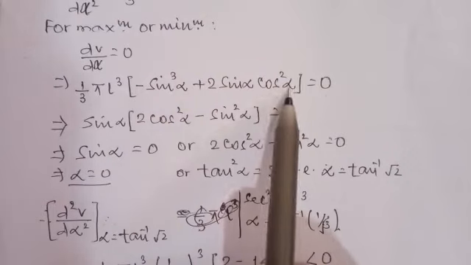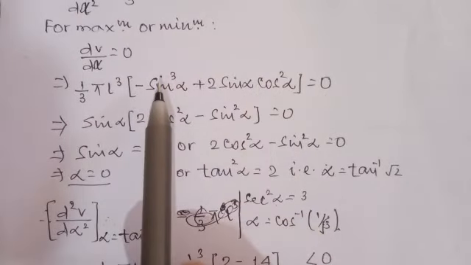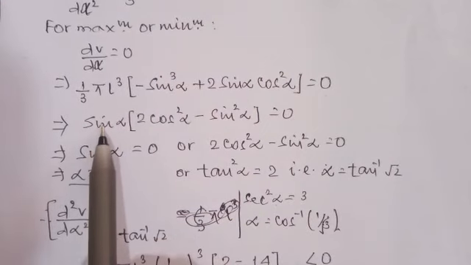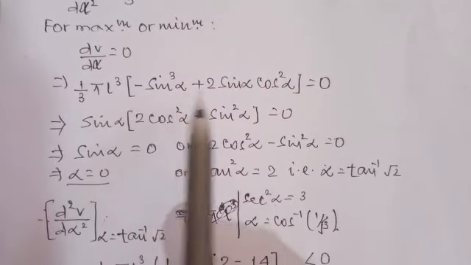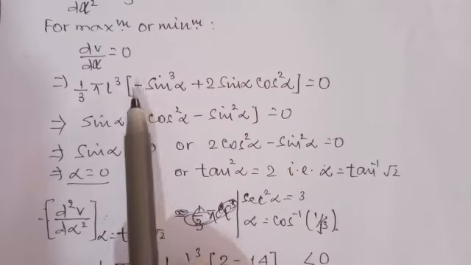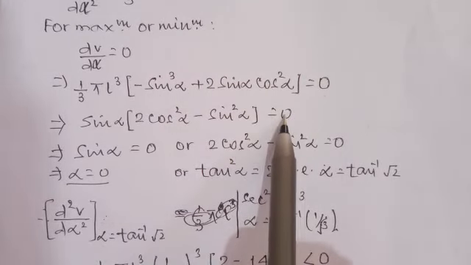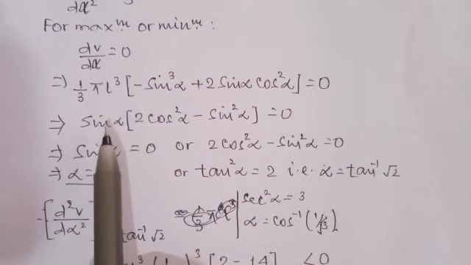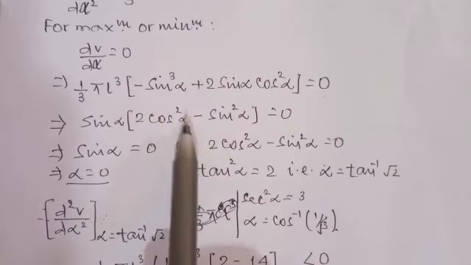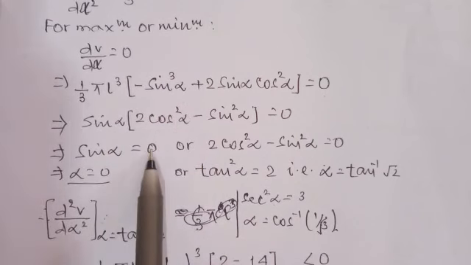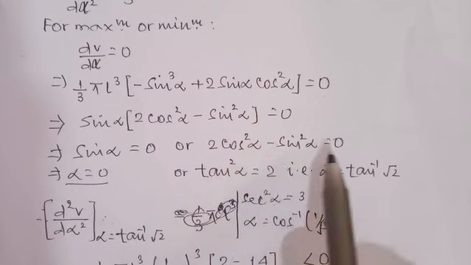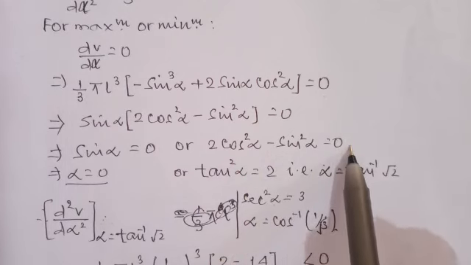Now in between two terms, take sin alpha as common. How much is left? Write down the first positive one: 2 cos square alpha minus sin square alpha. So the product of two terms is 0. Means either sin alpha is 0 or 2 cos square alpha minus sin square alpha is equal to 0.